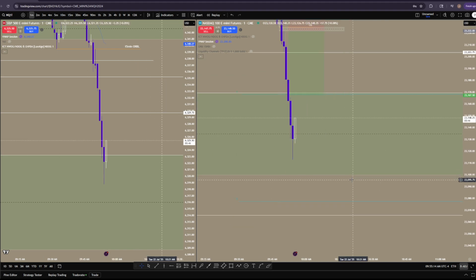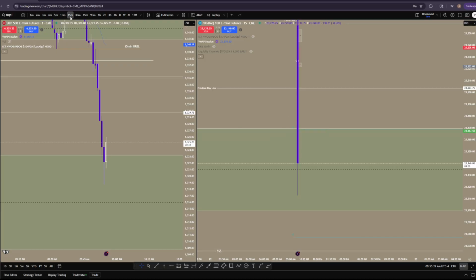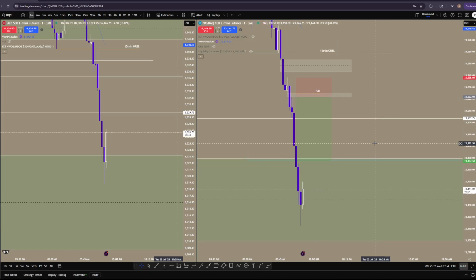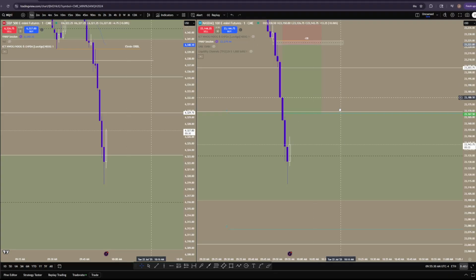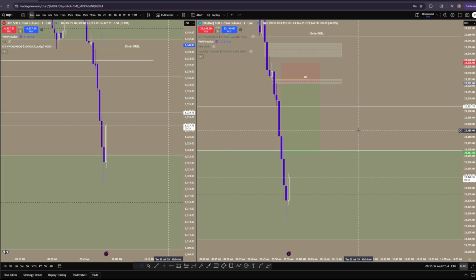But we'll see if we're going to actually bounce from here. Crazy. Past 2 days, man, have just been crazy breakouts with no pullback.